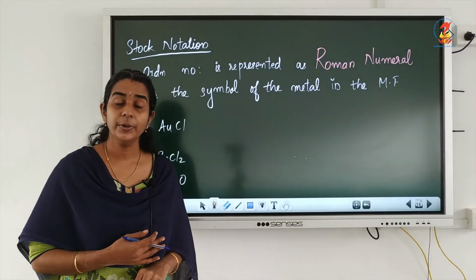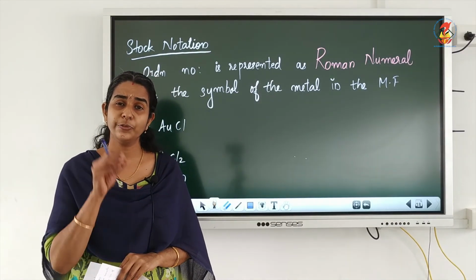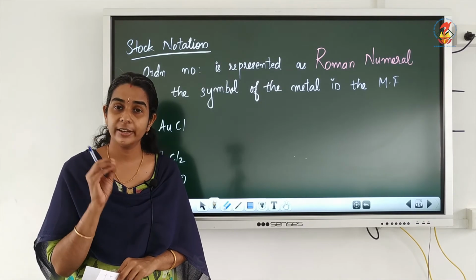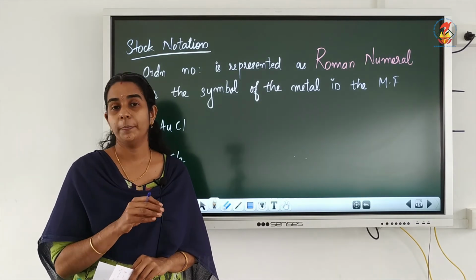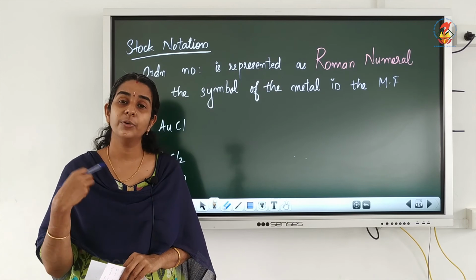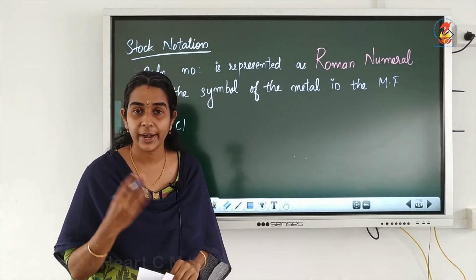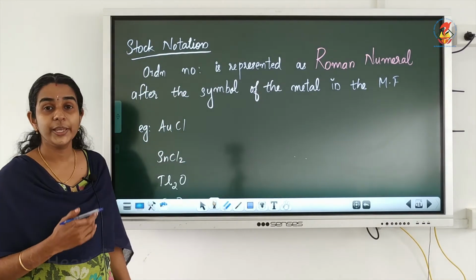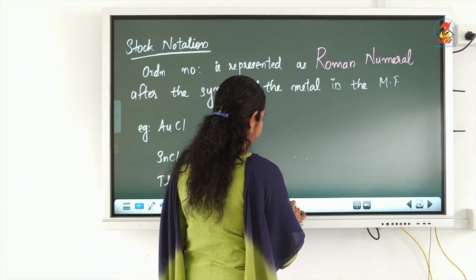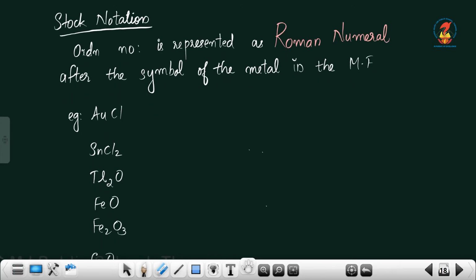So this is about how to assign the oxidation state of each element or each atom present in the given compound, whether it is a neutral species or a complex ion or radical. Now next we have stock notation. In stock notation, the oxidation number is represented as Roman numerals after the symbol of the metal in the molecular formula.